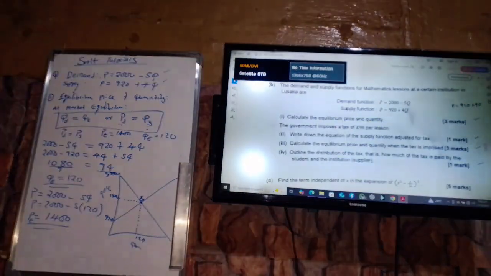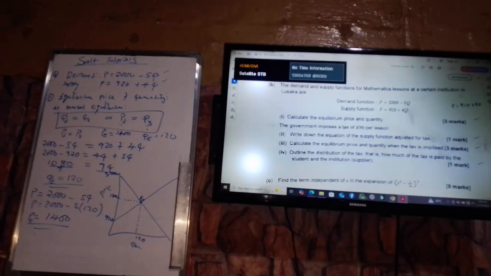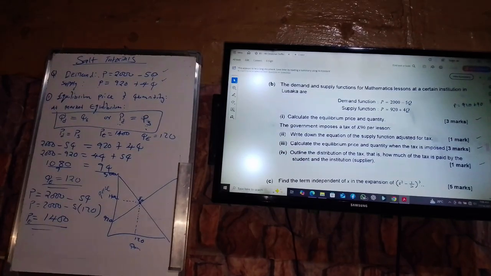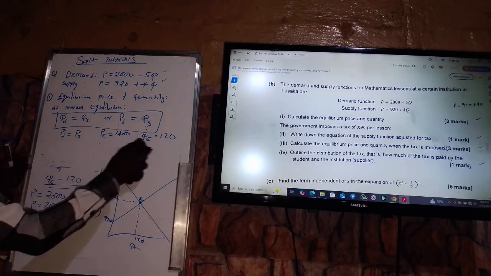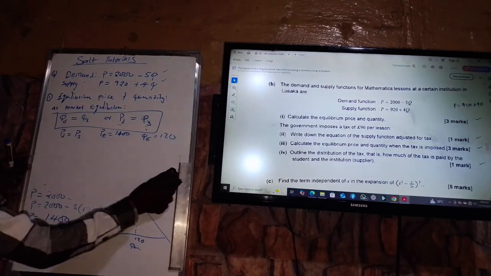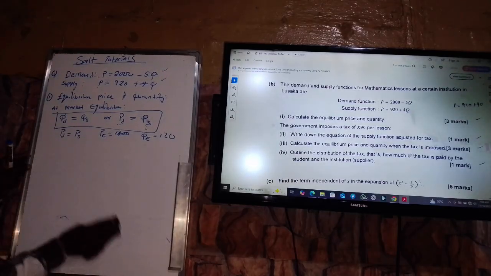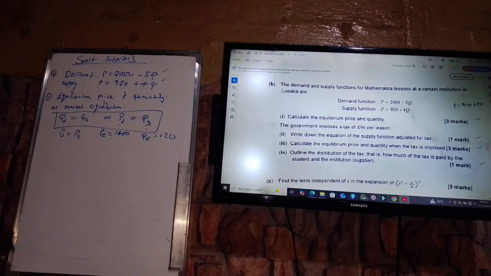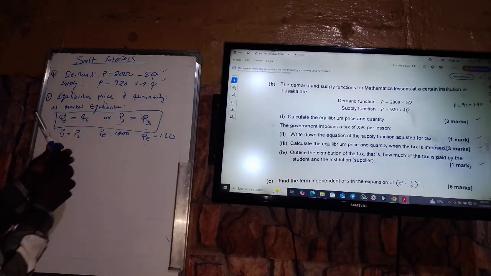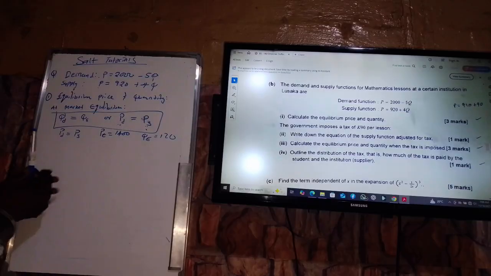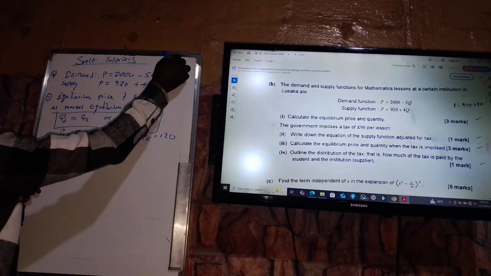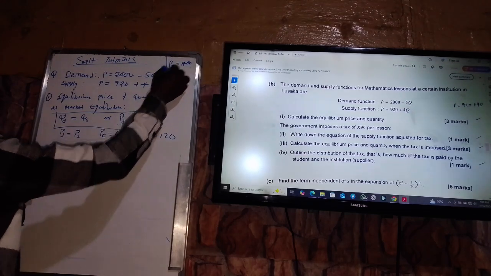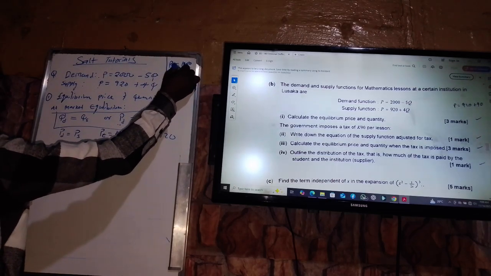Let's go to the second part, which says now, in a situation, okay, so let me just delete this part. And I can just keep my values. Let me try to keep my values for PE. PE equals 1400 and QE equals 120.